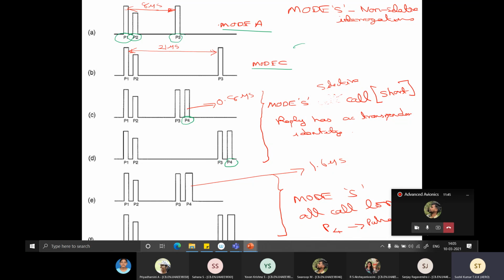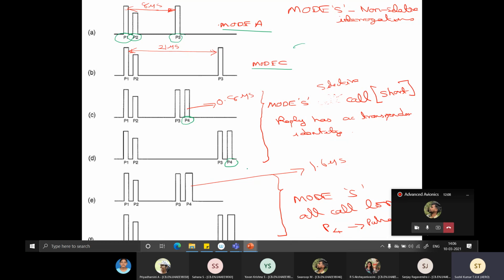Otherwise, the mode S transponder was downward compatible with mode A and C, so it would have just given a mode A or C reply. But because of this P4 pulse, it will understand that it is a valid mode S interrogation.